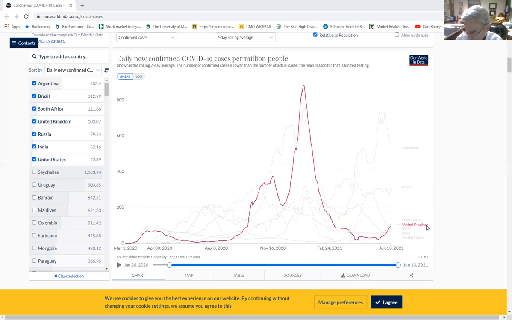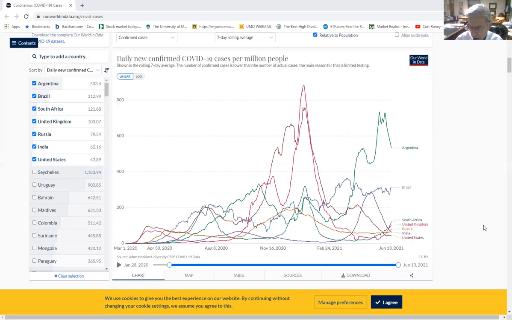So another one that's worth looking at is the UK. Its surge occurred at the same time that the most recent surge occurred in the US. And in fact, it grew just a little. The rate of onset, remember, these are charts of rate of cases per million people and 7-day averages.